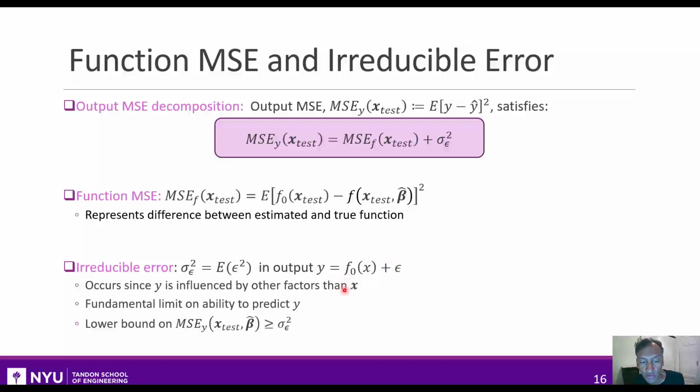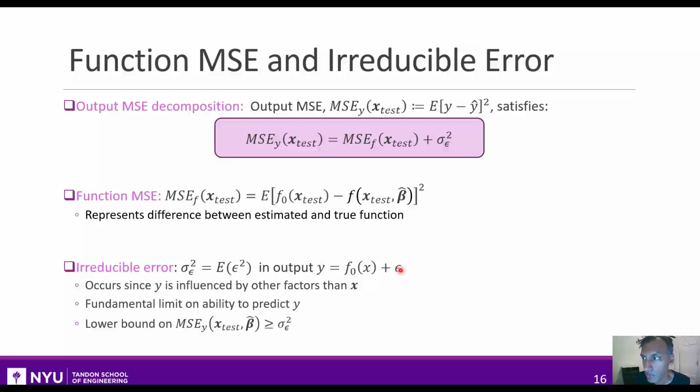And that, of course, puts a fundamental limit on the ability to predict y. In particular, even if some genie told you what the true function was, if you only knew x, you would still have some variation in y that you simply cannot predict.